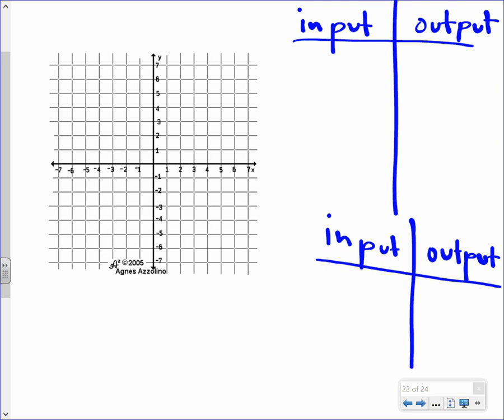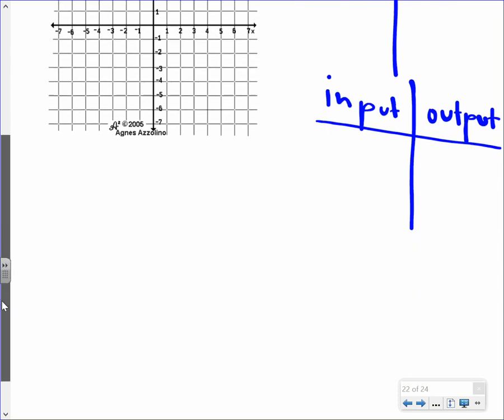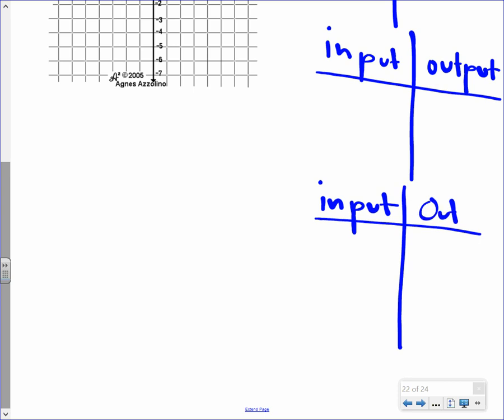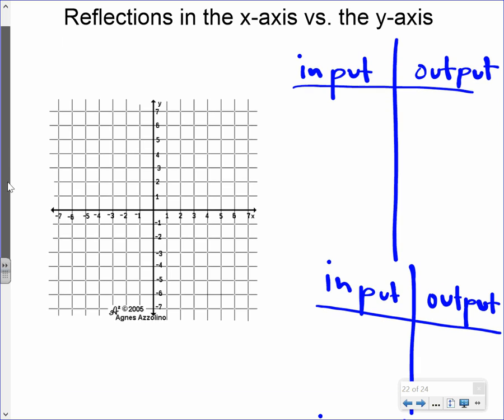Look at your x and y axis, as big as mine right there. Quarter. And then make 3 input-output tables on the right side. It's a little table, just 3 of them.